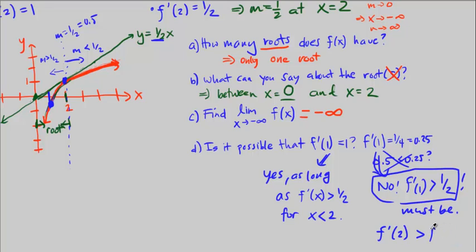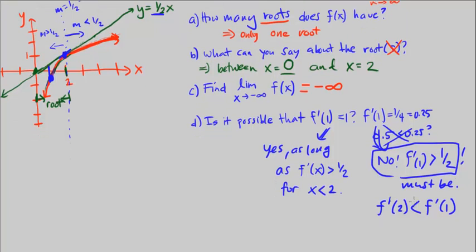F prime of 2 has to be less than f prime of 1. And that's because the slope at x is 2, f prime of 2, is equal to 1/2. And we know that since the slope is decreasing as we go up and to the right, it has to be bigger when this number is smaller, right?